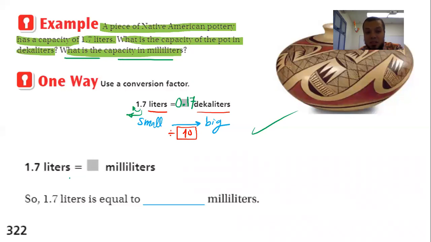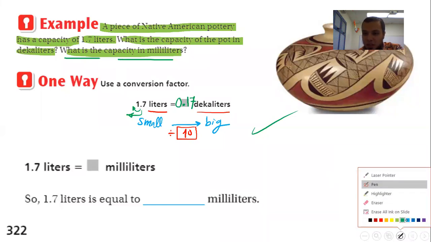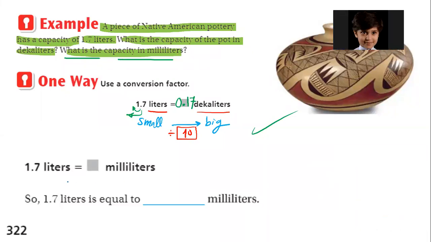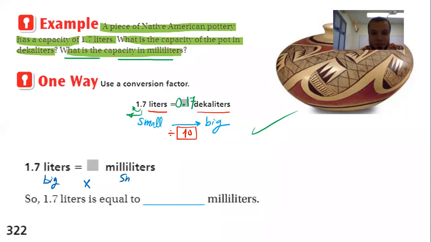1.7 liters. How many milliliters? What should you do from liters to milliliters? Ask yourself, small or big? Liter to milliliter. We multiply, because here is big, here is small.